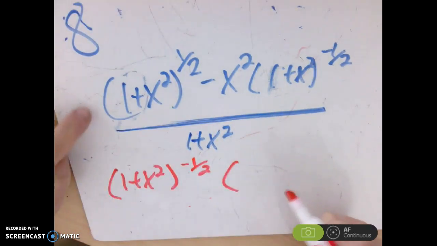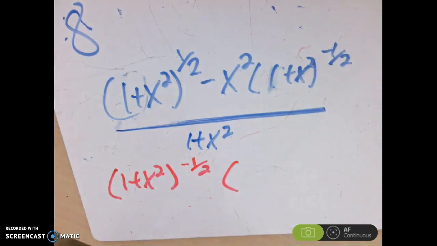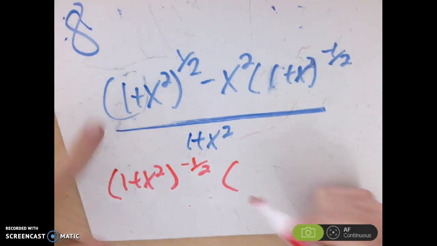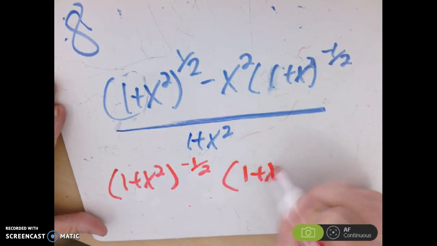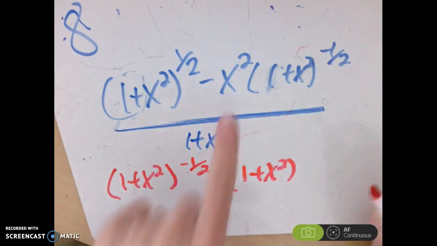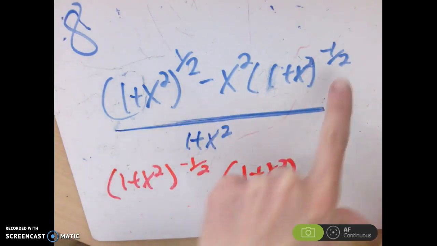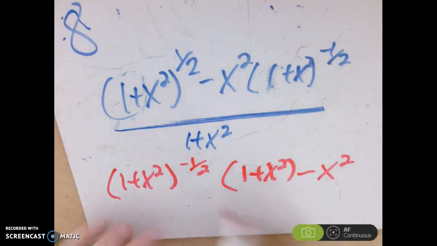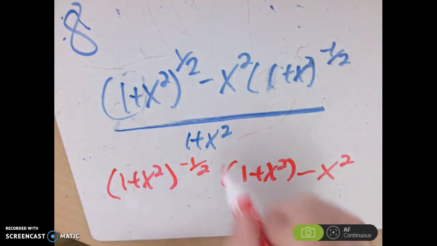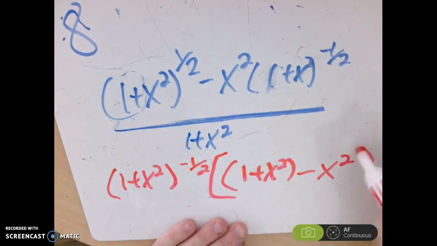So if I take out a negative 1/2 out of this, I'm going to be left with, so if I subtract negative 1/2, it's really adding a half. So I'm going to be left with 1 plus x squared to the 1. So that's 1 plus x squared. I don't need the 1, right? And then if I take out a negative 1/2 from this one, that goes away, so I'm just going to be left with x squared. But I need to have parentheses around the whole thing, right?